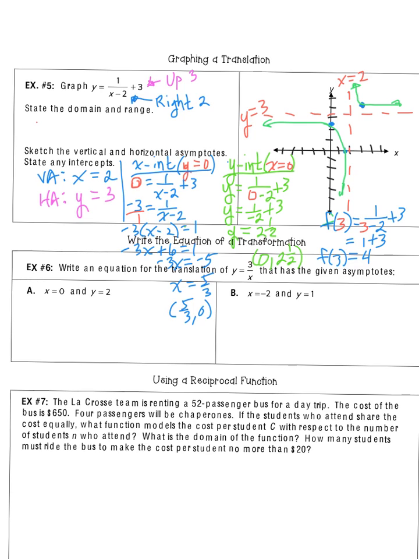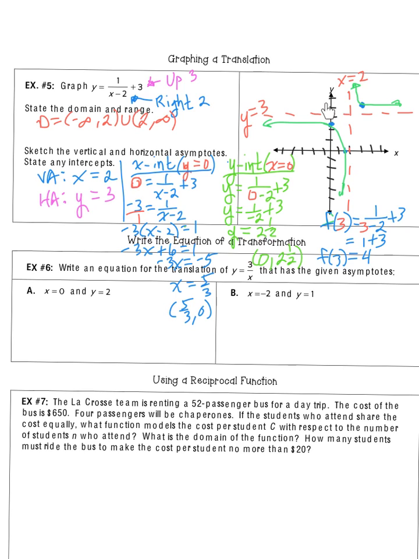So for my domain, I go from negative infinity till 2 until I reach that fence and I have to jump it. And then I go from 2 to positive infinity. Then for the range, I still have a graph all the way down here at negative infinity. Keep going, going, still have a graph, until I hit this wall, this fence, I have to jump it.